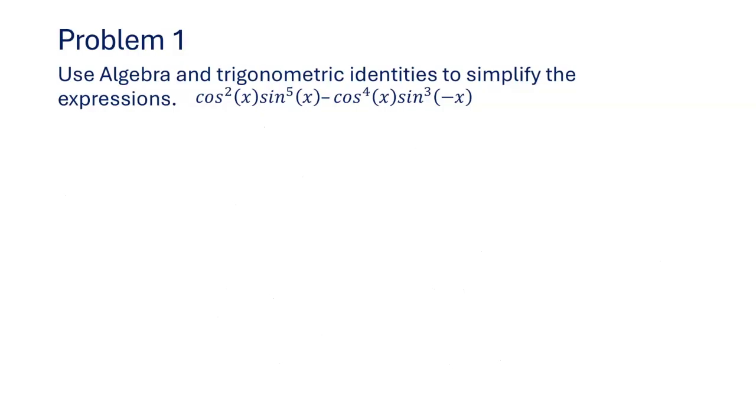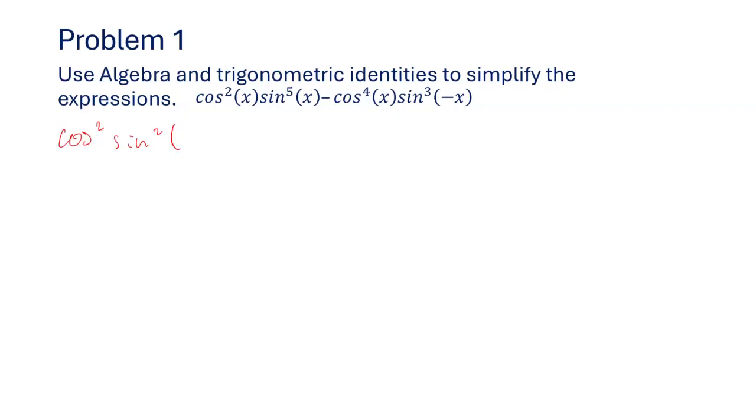So this one we're going to need to use our power reduction. First thing, looking at this, we can factor out a cosine squared and a sine squared, so we can rewrite it like this.